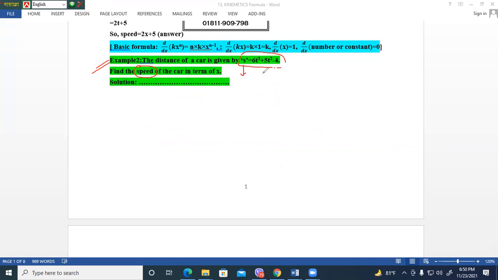To find the speed, differentiate both sides. d by dt of s equals d by dt of 6t cube plus 5t squared minus 4.